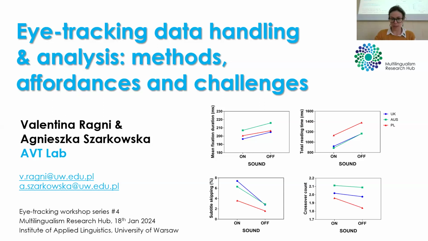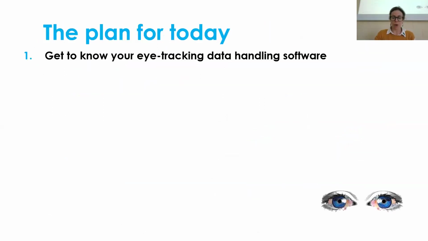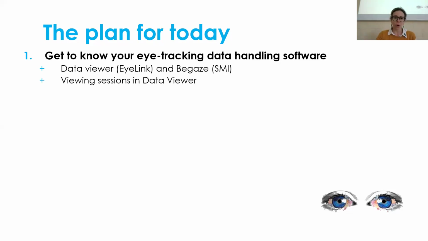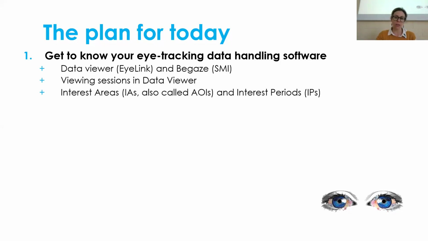So let's have a look at the content for today. First, Agnieszka will talk about data handling software. We will concentrate on Data Viewer for EyeLink and BeGaze for SMI, primarily because these are the two systems that we will look at in the practical sessions that are coming up. So Agnieszka will talk about viewing sessions, interest areas, interest periods, and then I will be taking over and discuss data quality and possible exclusions that you will have to make due to data quality issues.